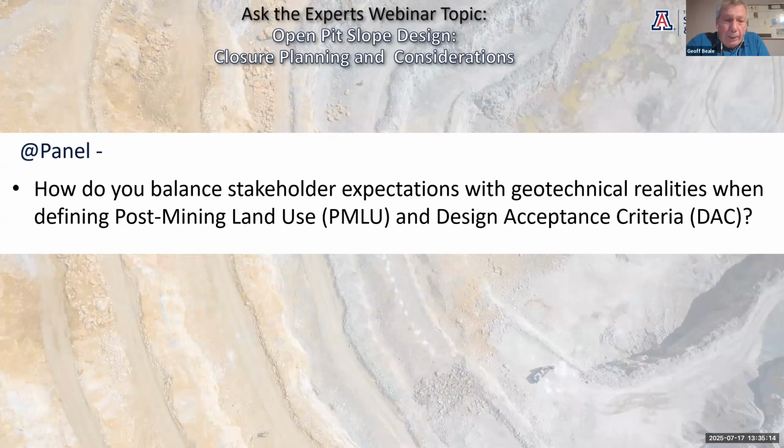So getting the reality and the site-specific nature of the closure plan right, or at least understanding the uncertainties from an early stage, is a good way to achieve the balance, to temper the stakeholders' expectations where need be, and to make a realistic closure plan based on the geotechnical and hydrogeological reality of the site.